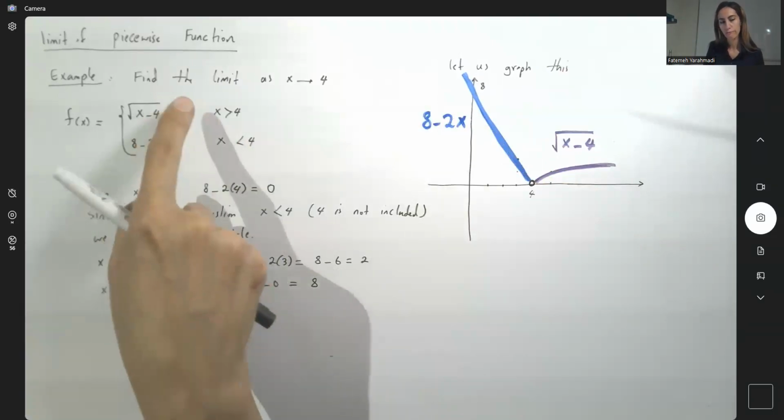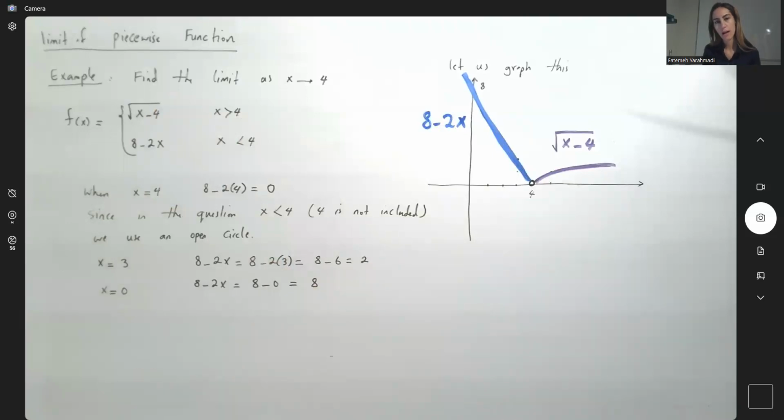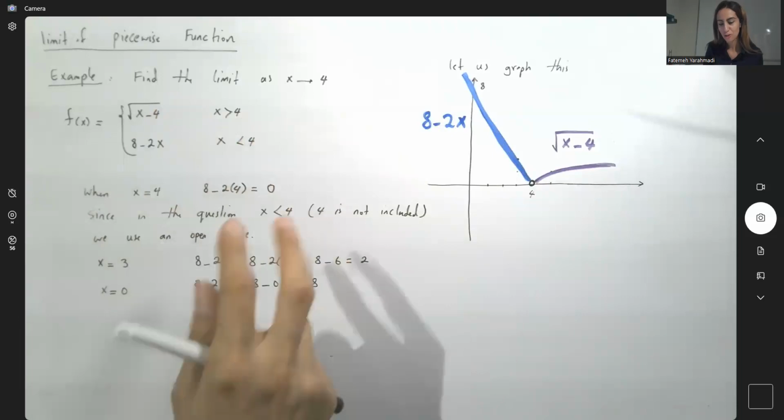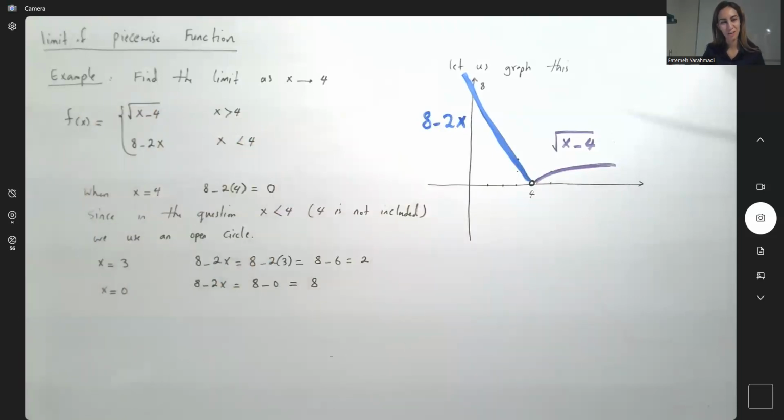Now the question says, find the limit. We have the graph, and we can analyze this both using algebra, the formula that we have, and also the graph.